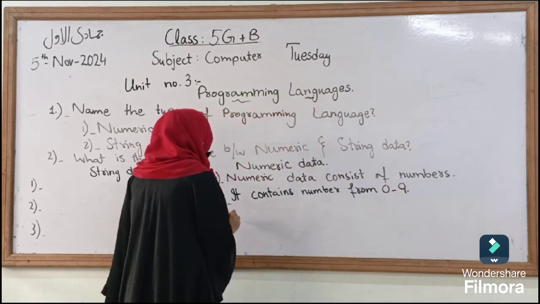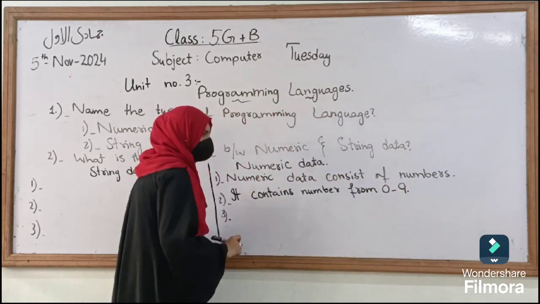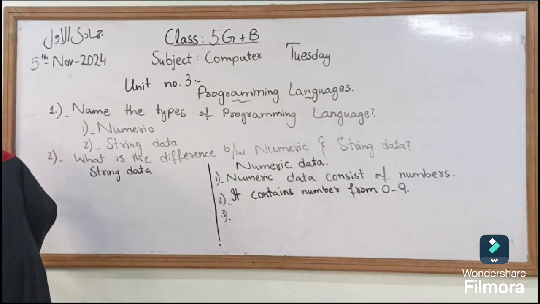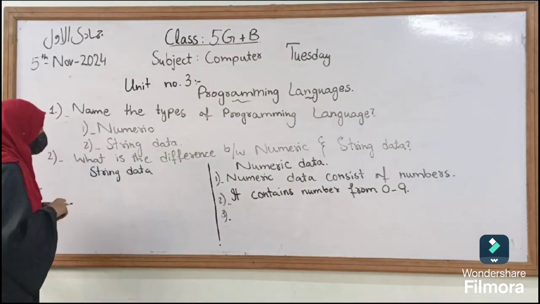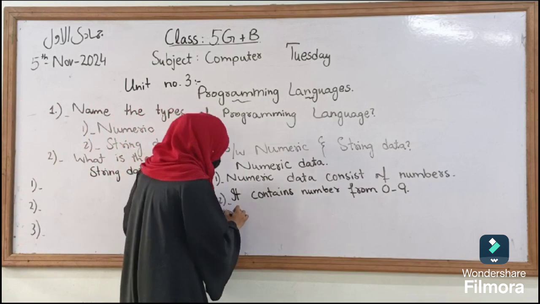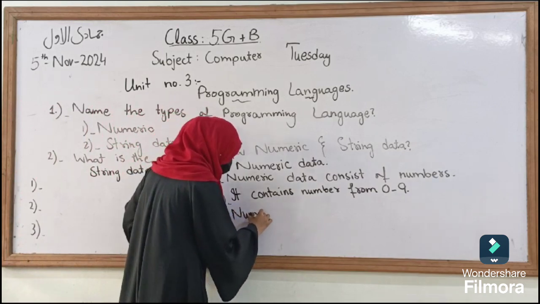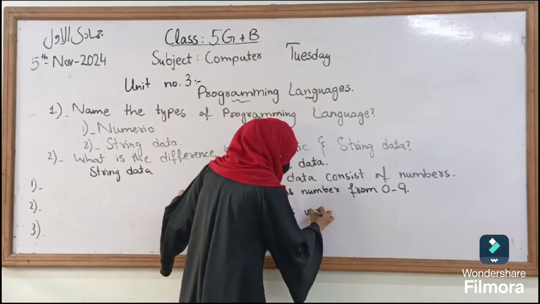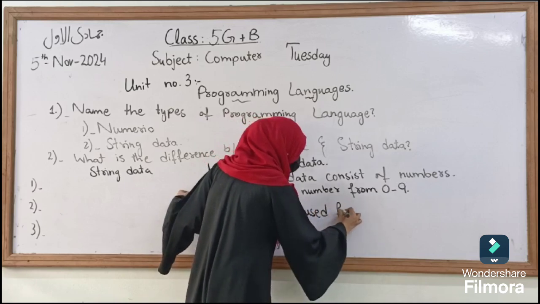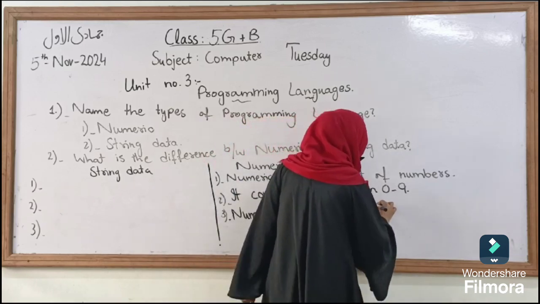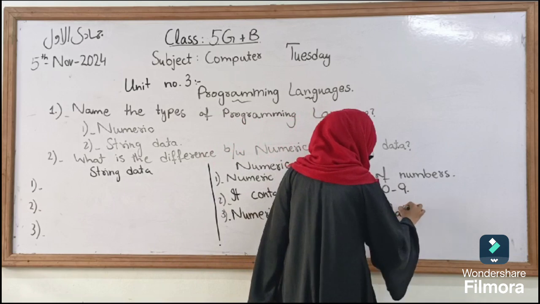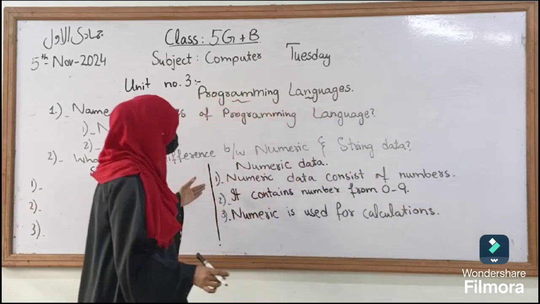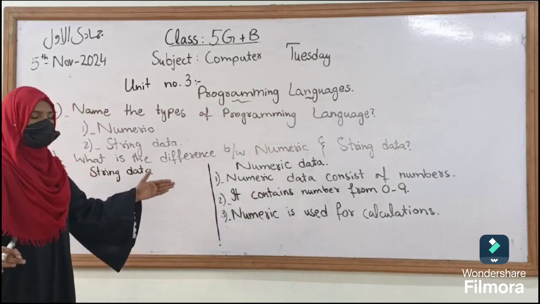And the third point is numeric data is used for calculations. This is it. These are the 3 points of numeric data.